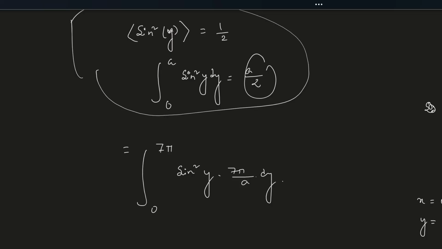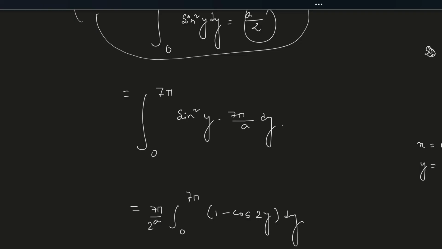Now if you go by the usual standard form of how to solve this integral, then let us take the constant term out, and you know that sine square theta is 1 by 2 times 1 minus cos 2 theta. So this is 1 by 2 taken out, and 1 minus cos 2 theta is 1 minus cos 2y dy.